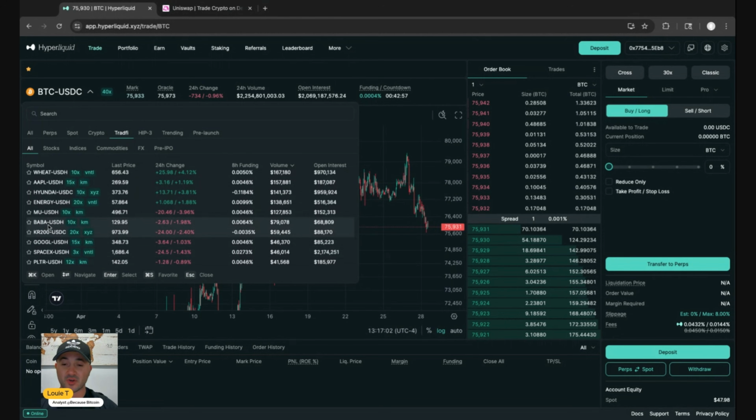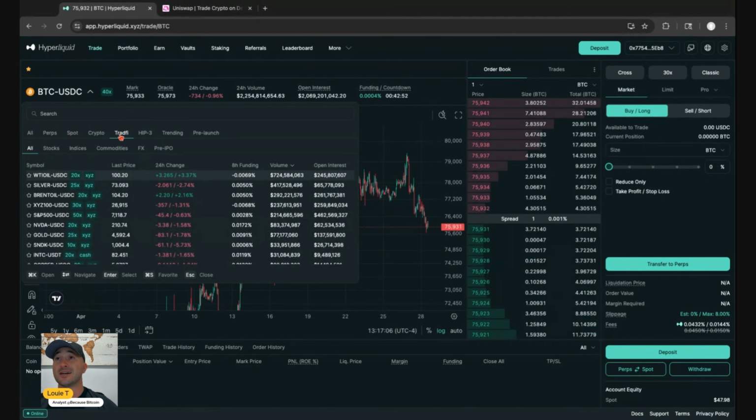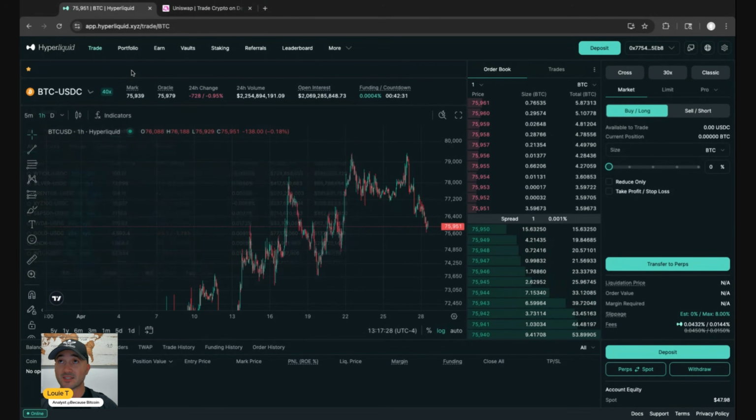So not only is it crypto, you could also trade commodities and stocks on leverage as well. That's the beauty of this exchange, you're getting so much in one place, and it's 24/7. Whereas if it was the weekend, you can't trade your stocks or commodities on leverage. But on Hyperliquid, you can.